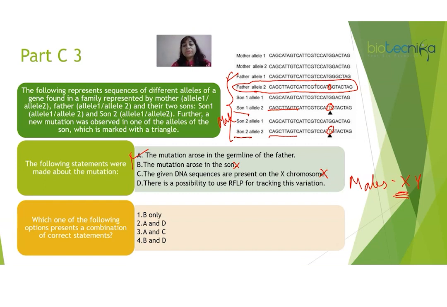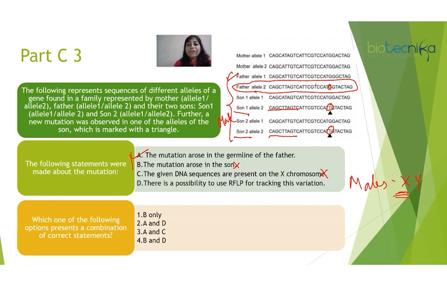Now D, there is a possibility to use RFLP for tracking the variation. Now that is correct because there is a change in a single site, right? A single nucleotide is changed here, is substituted here. Because of that single nucleotide change, if there is a formation of a new restriction site or if the existing restriction site is lost, then the restriction fragments that will be formed by using that particular restriction enzyme will change.